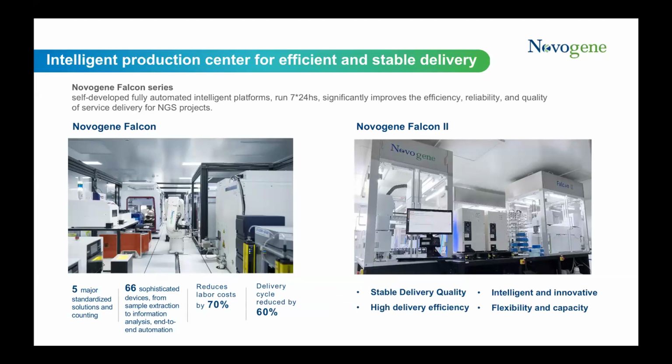The Novogene Falcon series are flexible and intelligent multiple-product fully automatic delivery platforms for NGS, including the first generation Falcon 1 and the second generation Falcon 2, which will significantly improve the efficiency, reliability, and quality of delivery for NGS projects. These intelligent platforms represent a breakthrough in traditional NGS and help further define the NGS standard in industry, and also drive the healthy and orderly development of the NGS ecosystem.